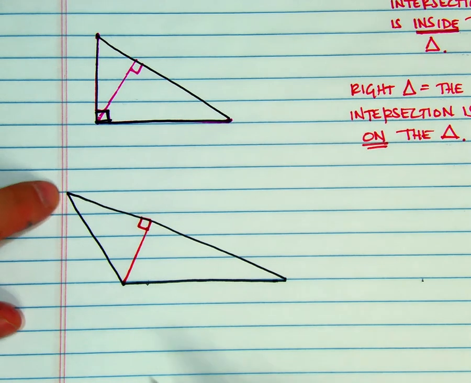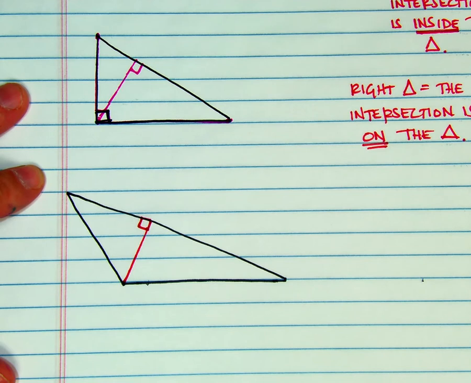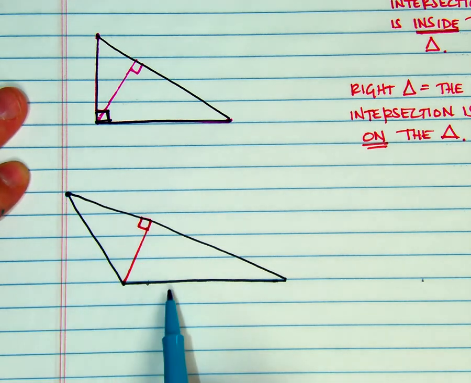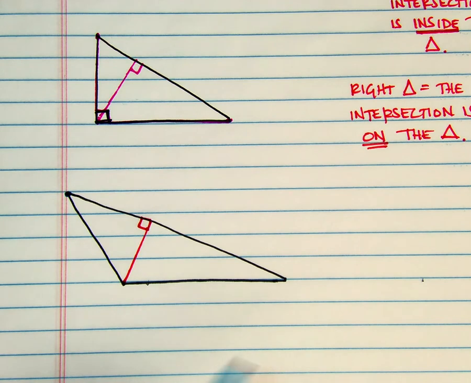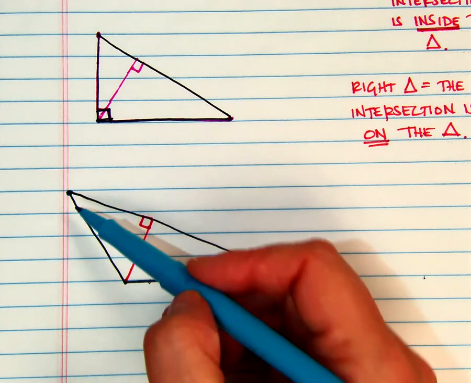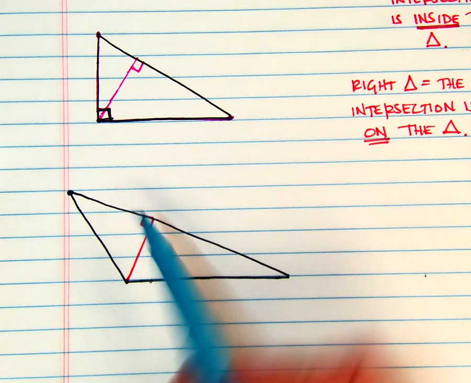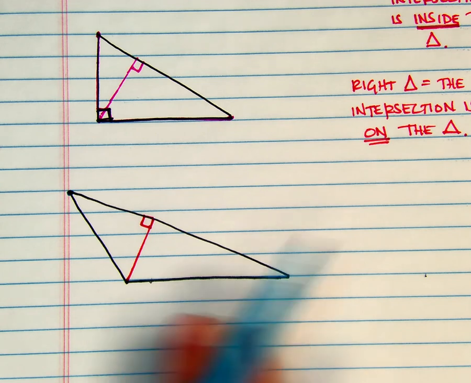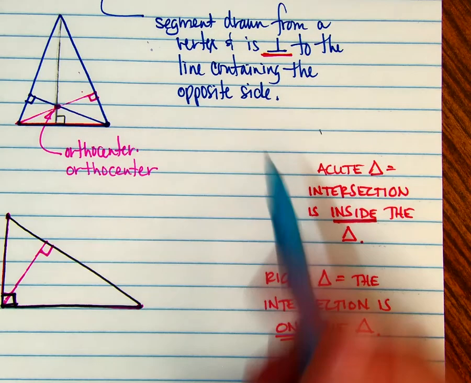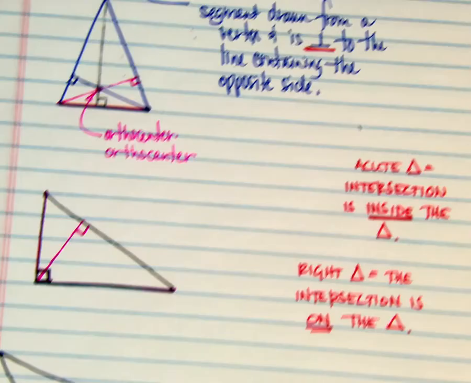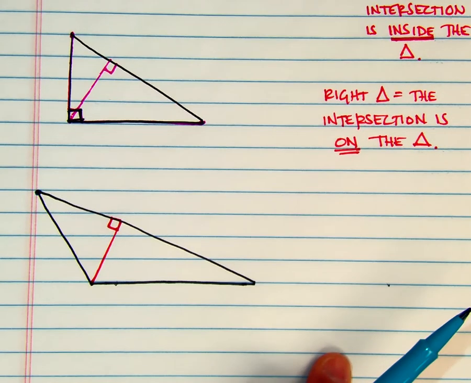Now, if I want to go from this vertex perpendicular to the opposite side, well, you can see that if I want to be perpendicular, I'm not even on the side. That's why in the definition it says to the line containing the opposite side. So not necessarily the opposite side, but the line containing.